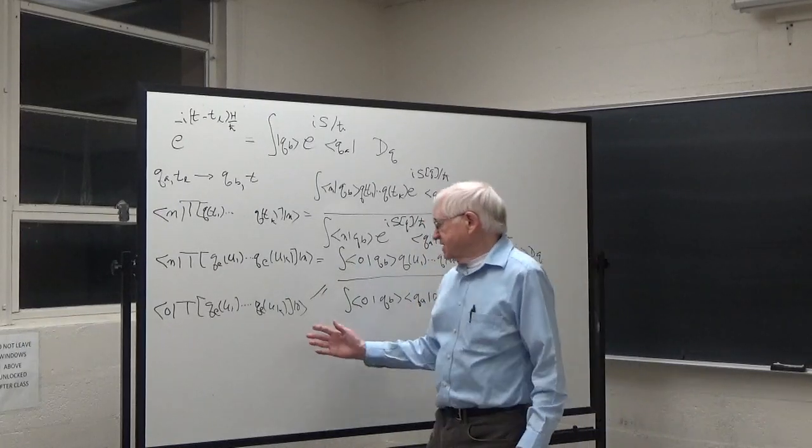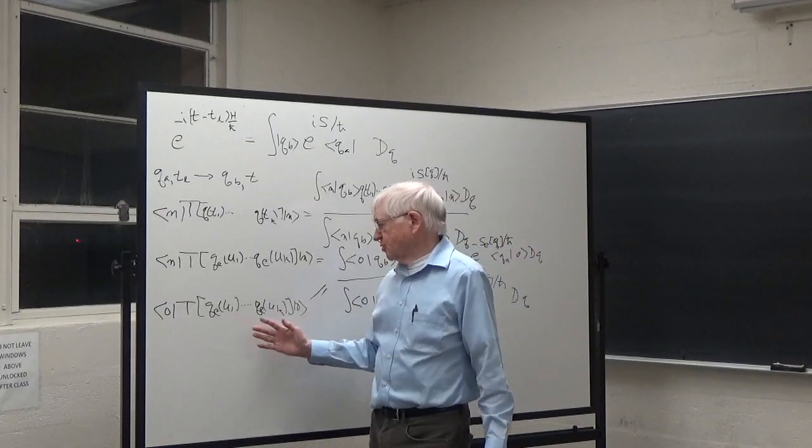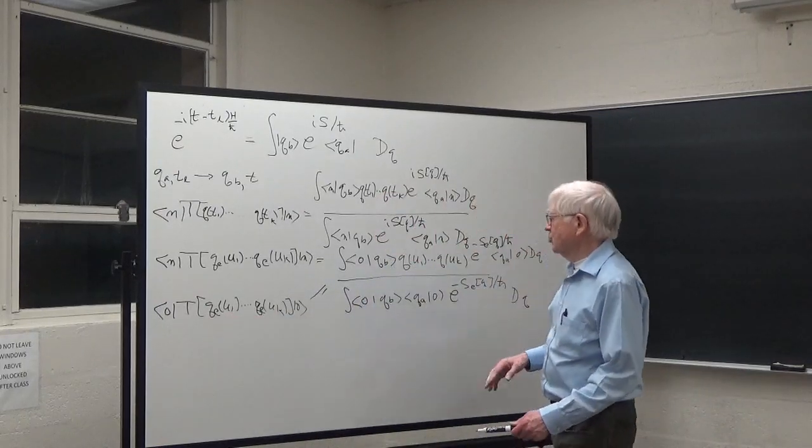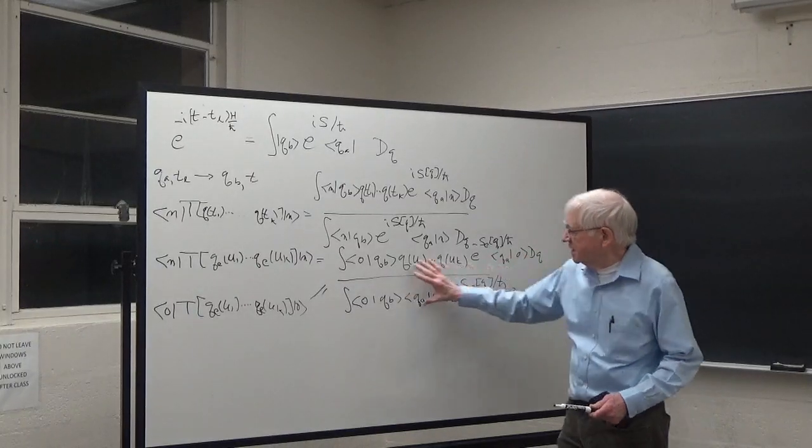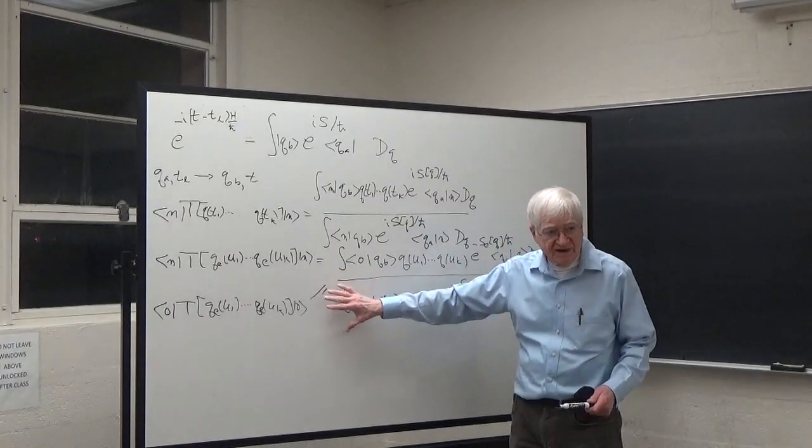So now this is the mean value in the vacuum of a certain time-ordered product of Euclidean position operators, and it is a ratio of path integrals. They're all Euclidean. Everything here is real. There are no i's at all.